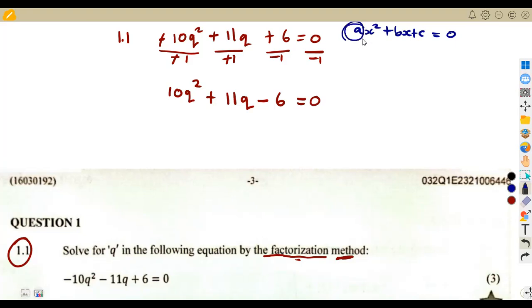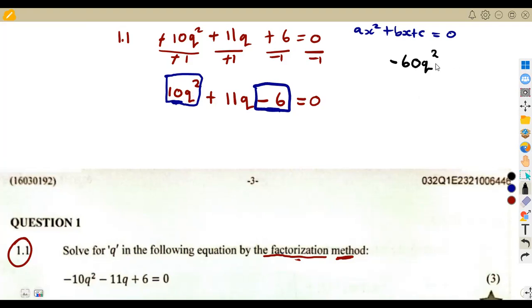If the coefficient there is not equal to 1, we are going to have a longer way where we multiply the first term and the last term. So we're going to multiply these two. That's 10q squared multiplied by negative 6. This is going to give us negative 60. If we multiply 10 times negative 6, that's a negative 60. But we're going to have negative 60q squared.